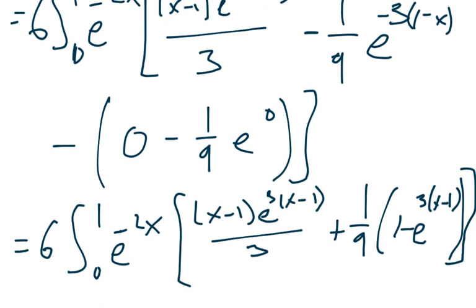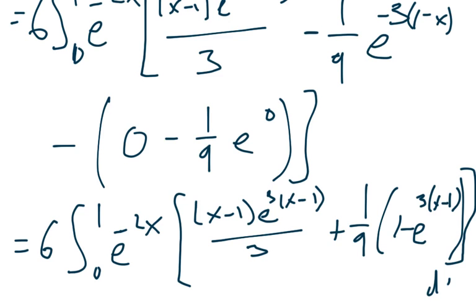So I ran out of a little bit of room here, and then it's all going to be dx. Okay. So I'm not going to do this here, but we're going to have to integrate by parts again.